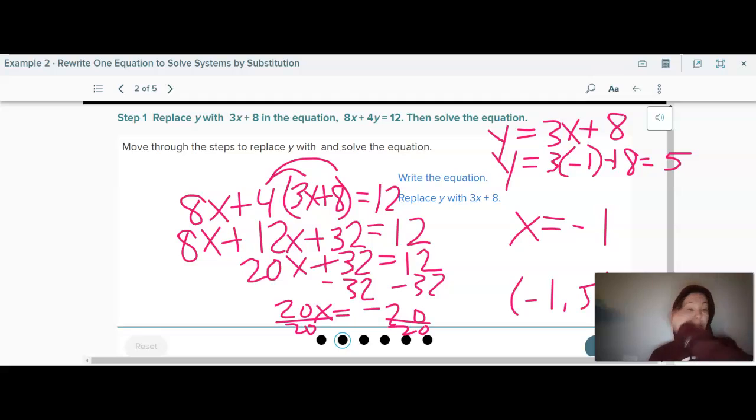But with systems, you need an answer for x and for y. So you're going to replace this value for x in one of these equations. You could put x in this equation too, but this one will be a little bit easier to find y since it's already got y by itself. If I replace x with -1, then we get that y is equal to 5. So the solution to our system is -1, 5.